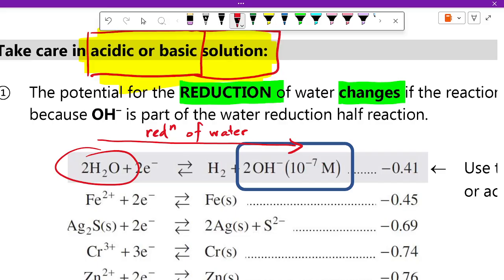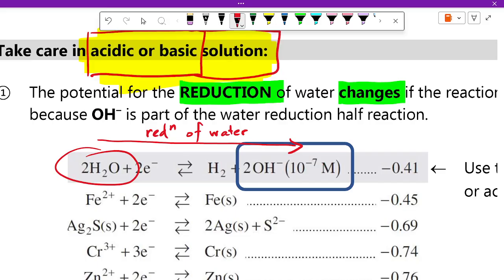So if you were to increase the concentration of hydroxide, what would happen to that cell potential? You've increased product. And if you increase product, then Q is going to be bigger, so you're going to be closer to equilibrium, which means the voltage is going to get smaller, more negative.